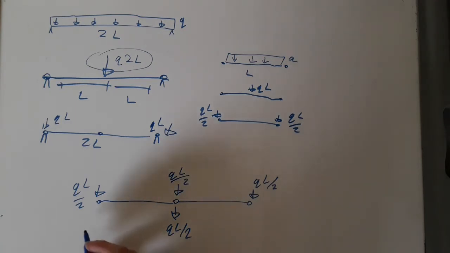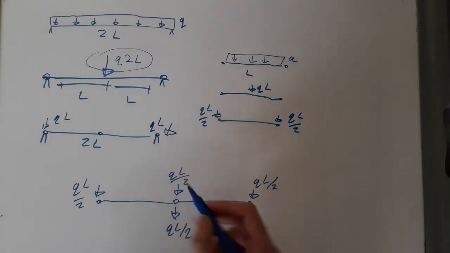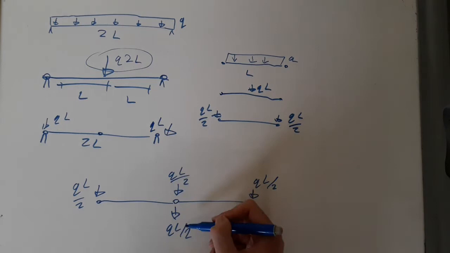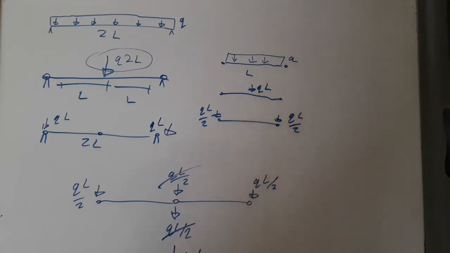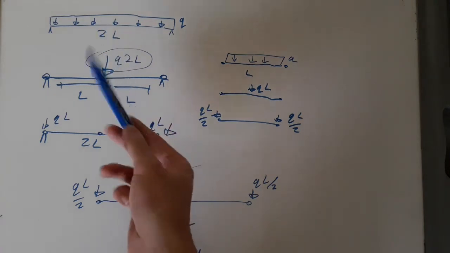So in this case, at this end would be QL over 2, here would now be the combination of these, so this would be a full QL, and here again, QL over 2. If you add the three of these up together, you would still get a total of Q2L, which is again the exact same as we had at the start.